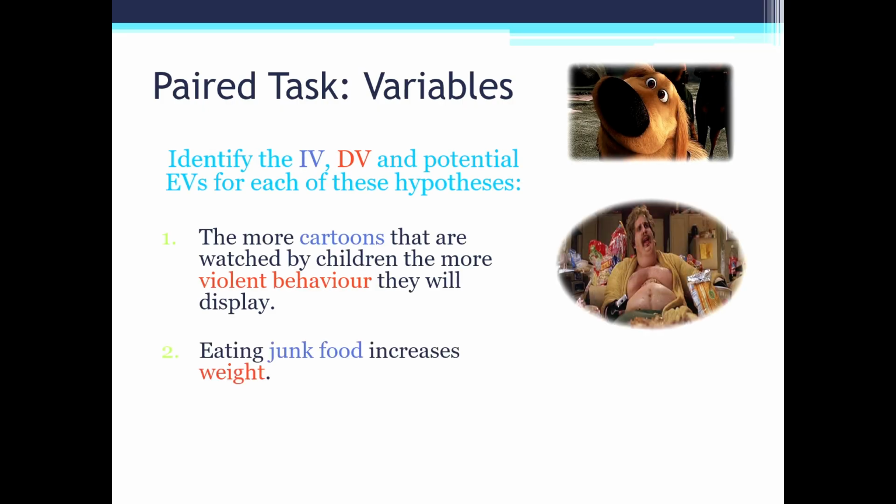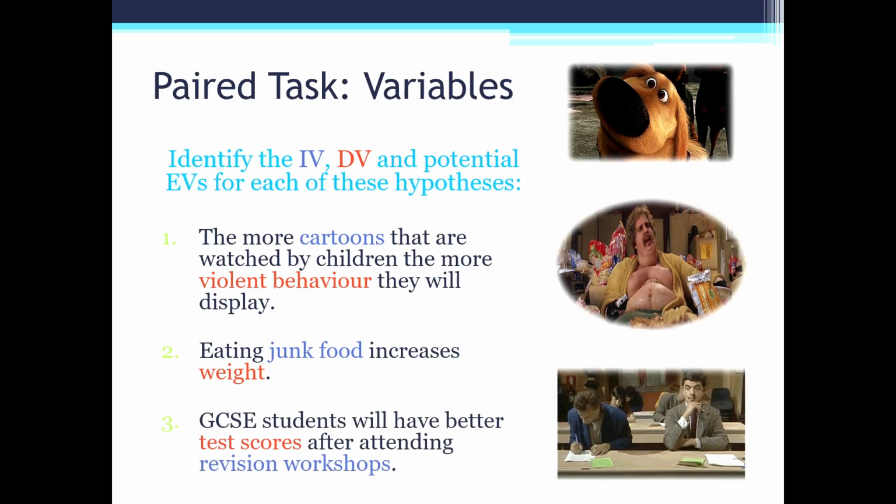So let's have a look at some examples. If we've got a study that's looking at the more cartoons that you watch, the more violent their behaviour will be. Well, the thing that we're measuring is their behaviour, so that's the violent behaviour, that's the DV in red. And then we're looking at the impact of cartoons. So we might have a group that watches a lot of cartoons and a group that watches not so many cartoons.